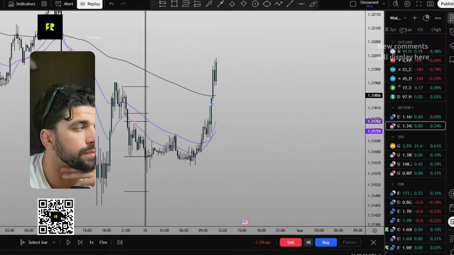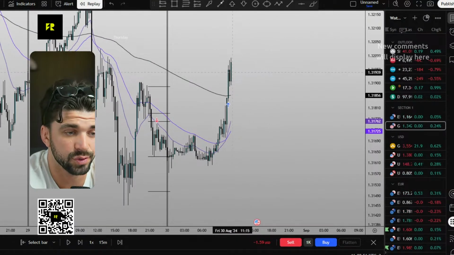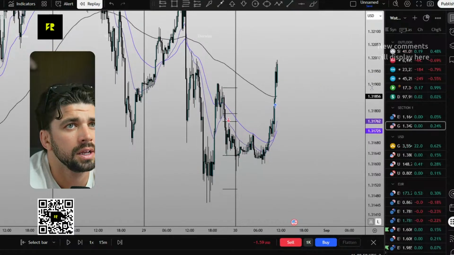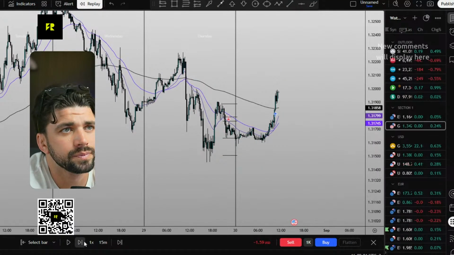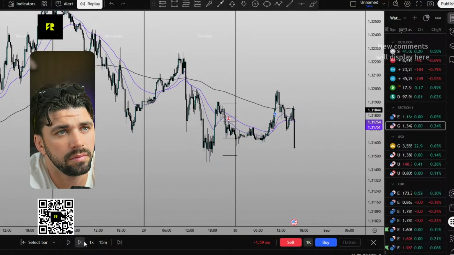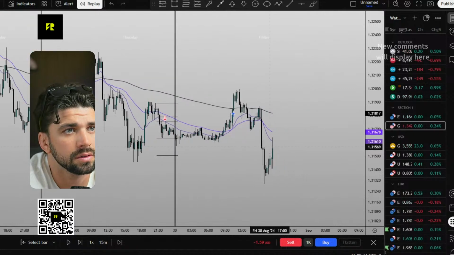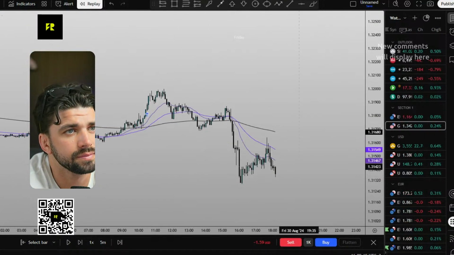We're going to keep going until we get closer to New York Open, because there's literally nothing going on right now. That looks like a nice continuation. Wow, there you go. Let's go on to a 5 minute.